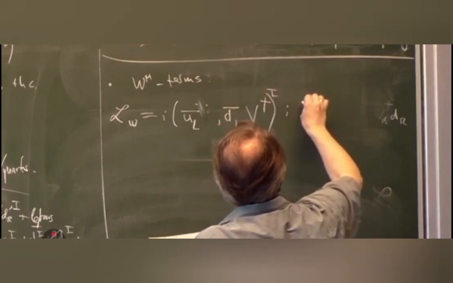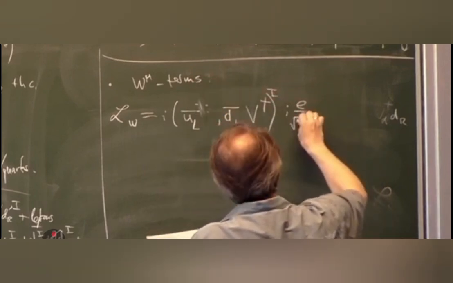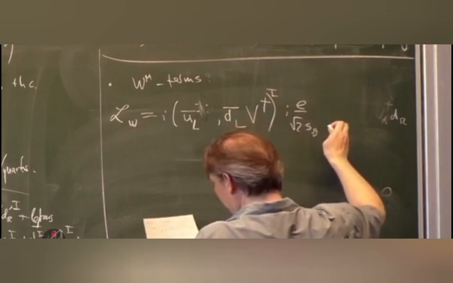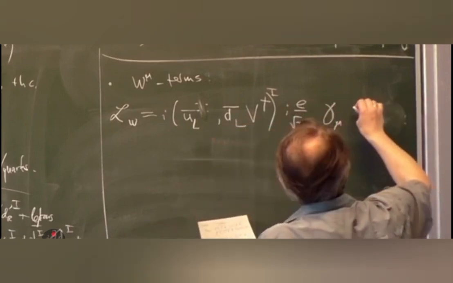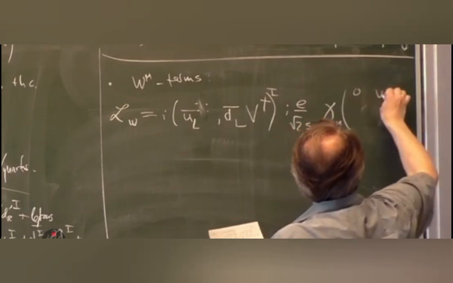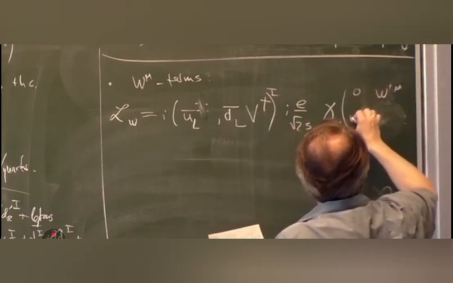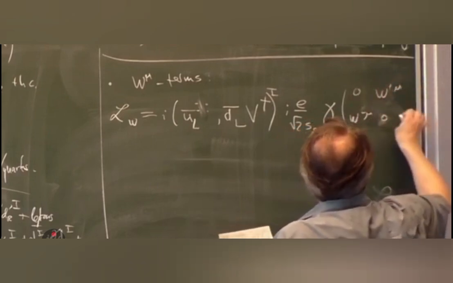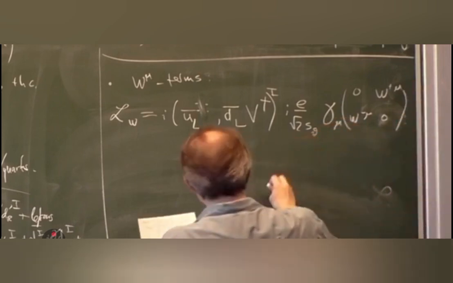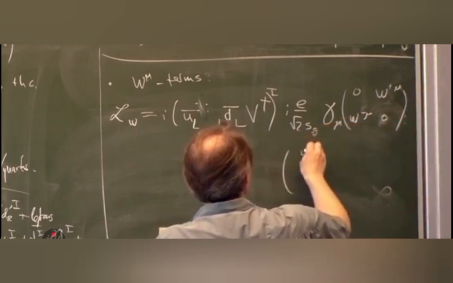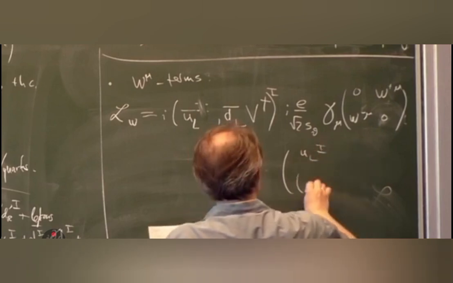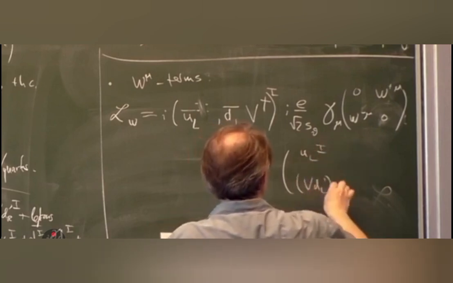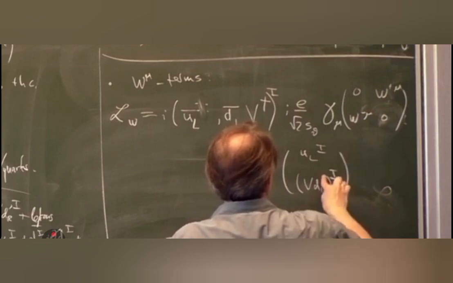Then i times e divided by square root of 2 s_θ, γ^μ, and then this matrix 0, W⁺_μ, W⁻_μ, 0, and then times the following doublet u_L^i and V d_L, overall index i.